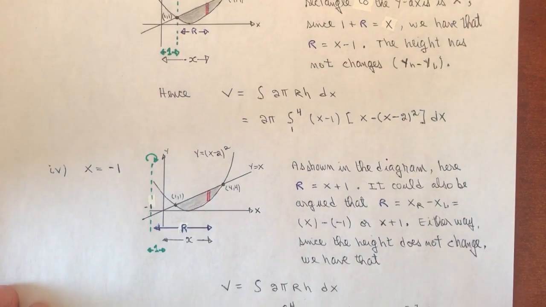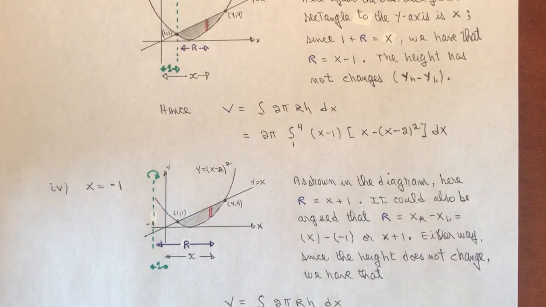As one last case, let us consider revolving around the axis x is equal to -1. The diagram actually shows that here the radius is x plus 1. We could also look at this from a different angle. We could say that the radius is actually x right minus x left.